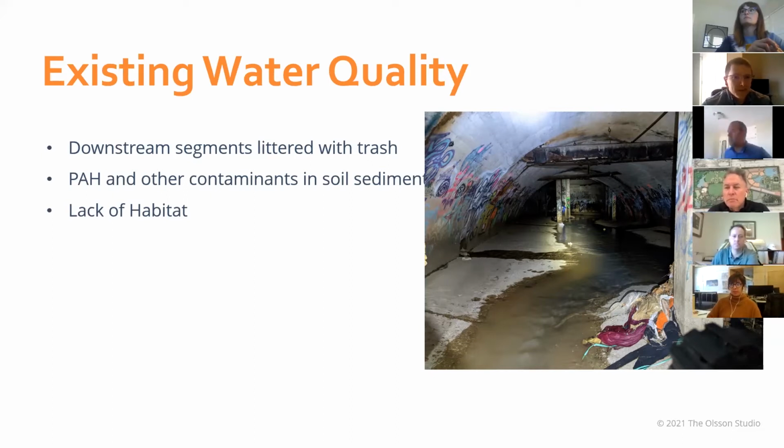As far as contaminants, there's polycyclic aromatic hydrocarbons that are known to be within the stream sediment, and other contaminants that are common in urban environments. And then lastly, just the lack of habitat associated with the concrete bottom through the channel and through the box culvert and in the channel downstream of the box culvert. Next slide.